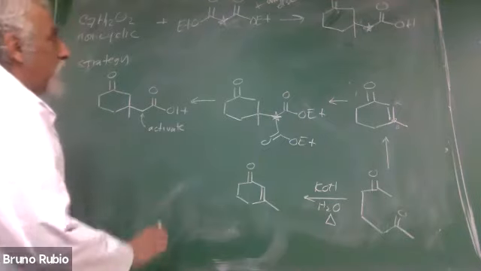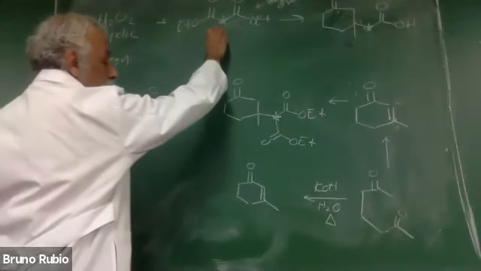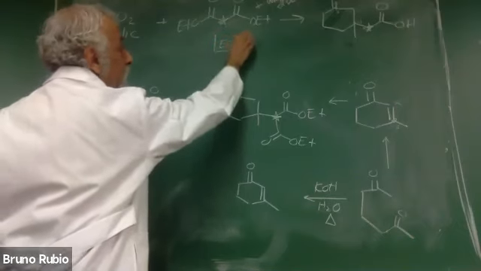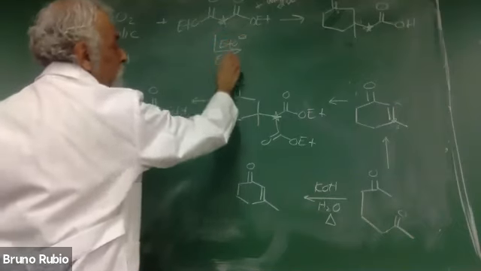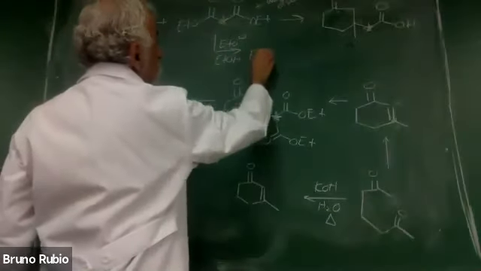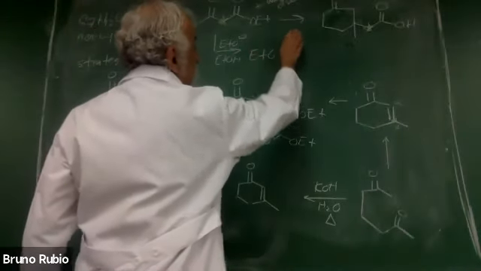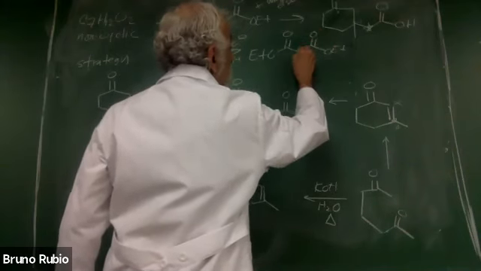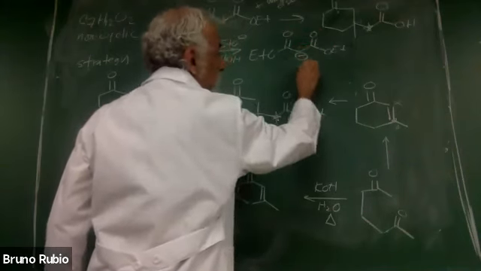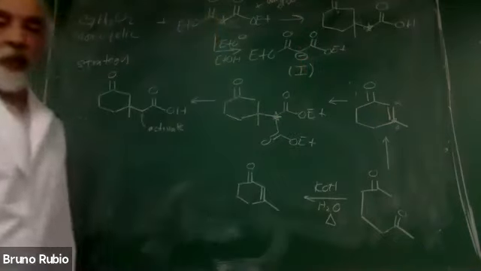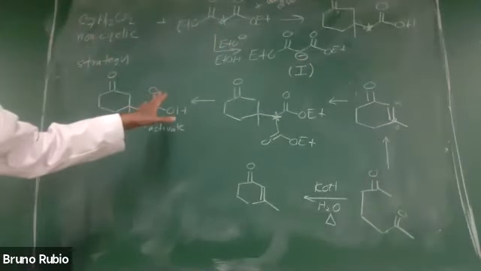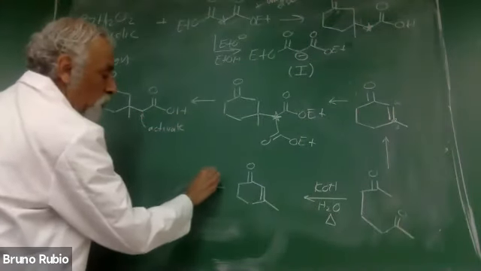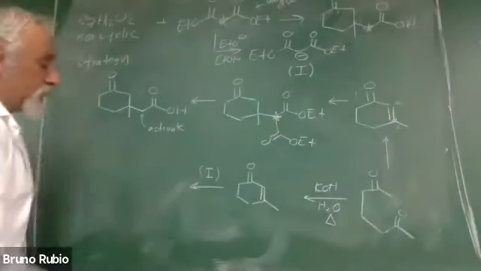Okay, and so now I take this guy and treat him with ethoxide and ethanol. That's going to enolize the star. I'm going to call this guy Roman 1, right? That happened back at the ranch. So now I have this. I add Roman 1 to him.